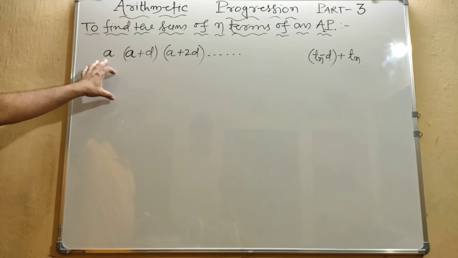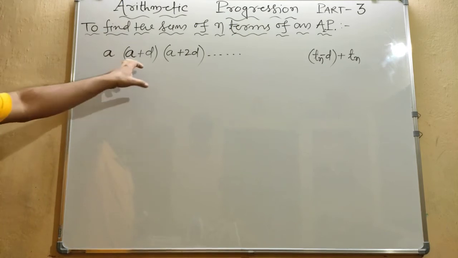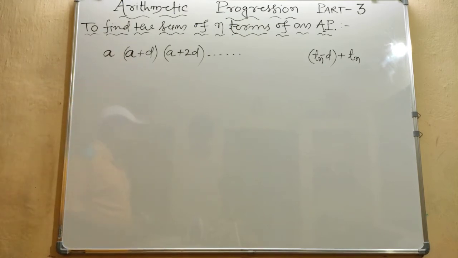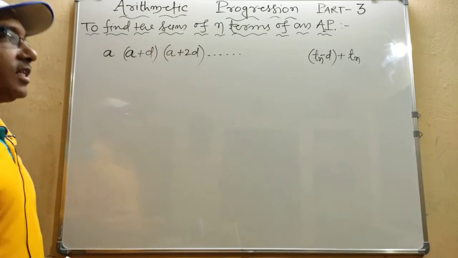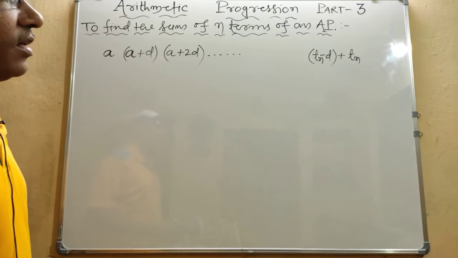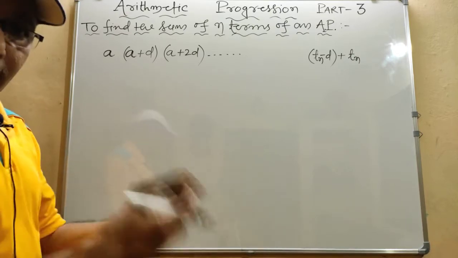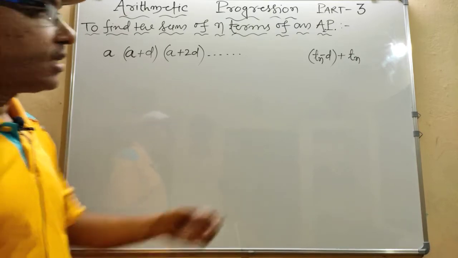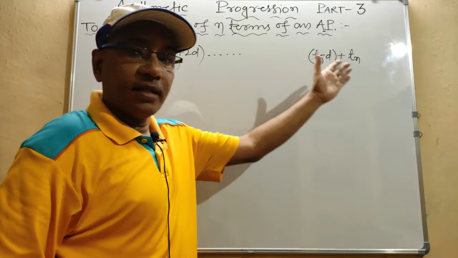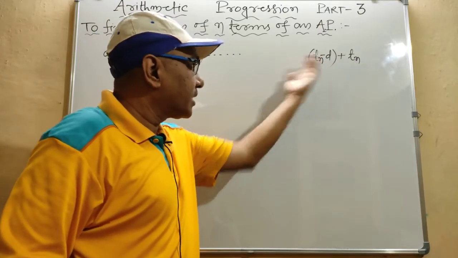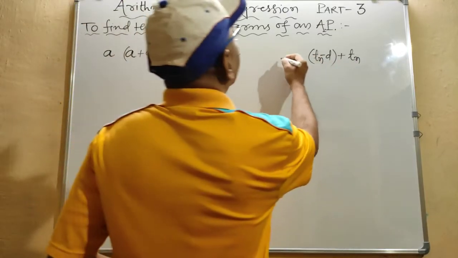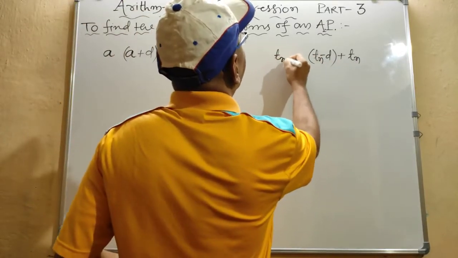Look again, if a is the first term and d is the common difference of an arithmetic progression, then the first term is a, the second term can be written as a plus d, the third term can be written as a plus 2d, d keeps increasing. The last term, let us denote it by Tn, the nth term. The n minus 1 term, the one before it, will be d less. d keeps increasing, so coming from the other side we will reduce d. The one before that will be Tn minus 2d.